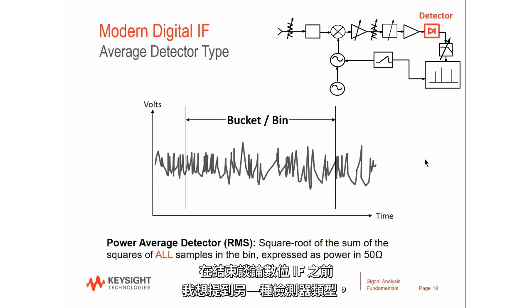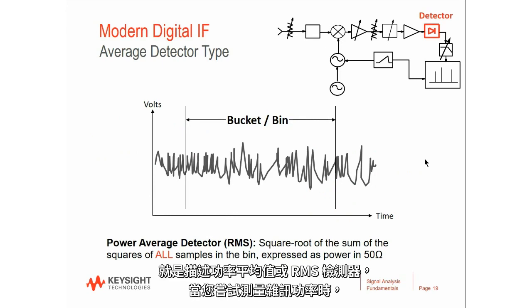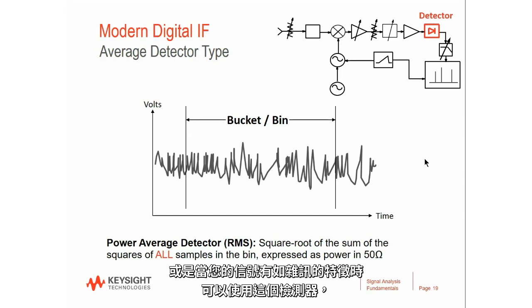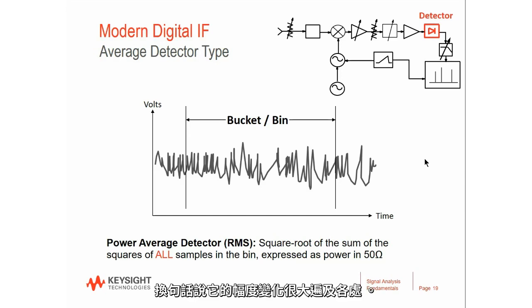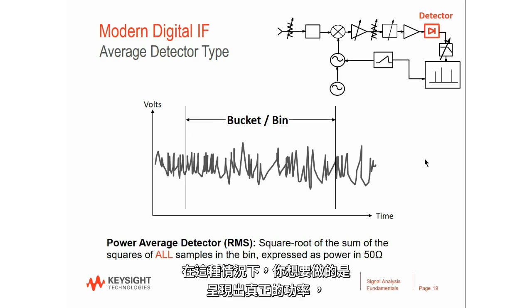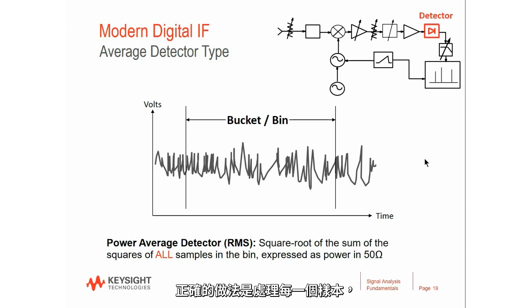One more detector type I wanted to mention before we close on the digital IF is the power average or RMS detector. This is the detector to use when you're trying to measure noise power, or you have a signal that has noise-like characteristics. In other words, its amplitude is varying wildly all over the place. In this case, you want to do true power representation. The right way to do it is to process every sample.